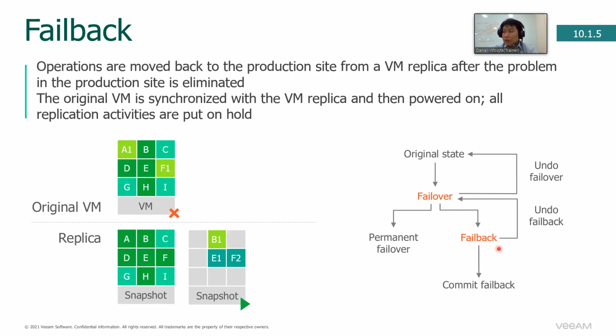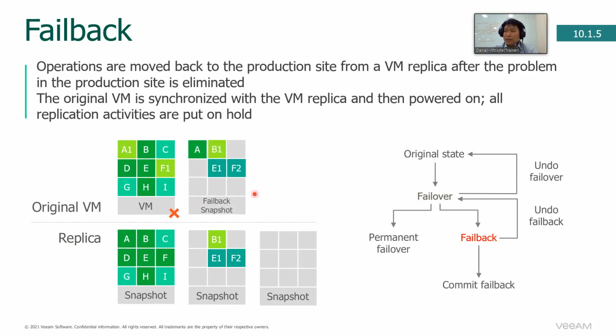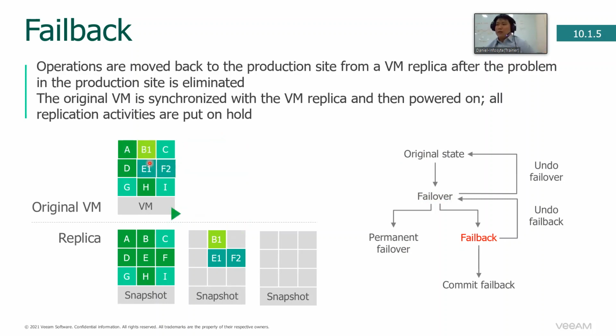Okay, so when you select Vim to perform a failback, what happens? I will actually replicate all my data back from the virtual machine replica into the original VM using this failback snapshot. After all the data transfers over there, they will then consolidate into the original VM and put it out.